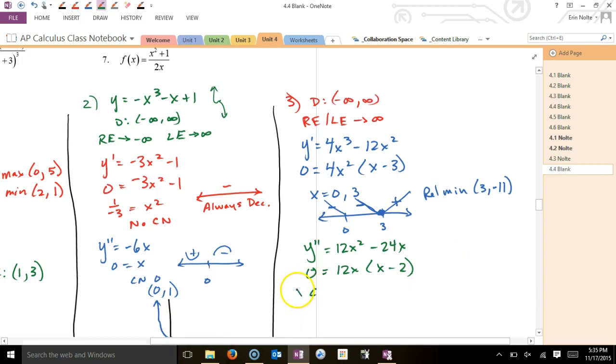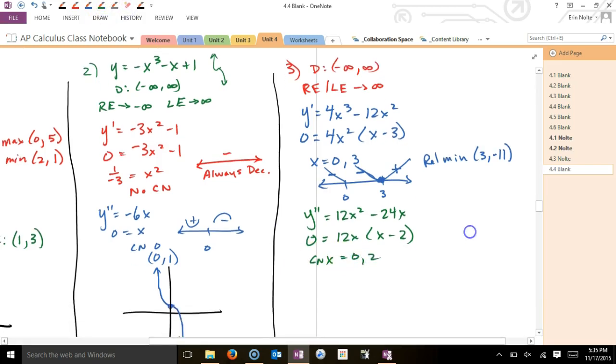So critical values at 0 and 2. If I plug in -1, I get 12 plus 24, that's positive. If I plug in 1, I get 12 minus 24, that would be negative. If I plug in 3, I would get a positive.